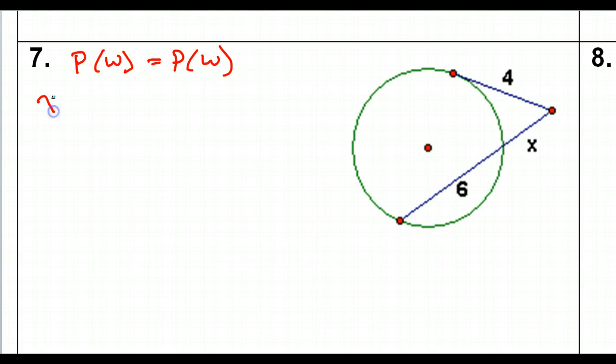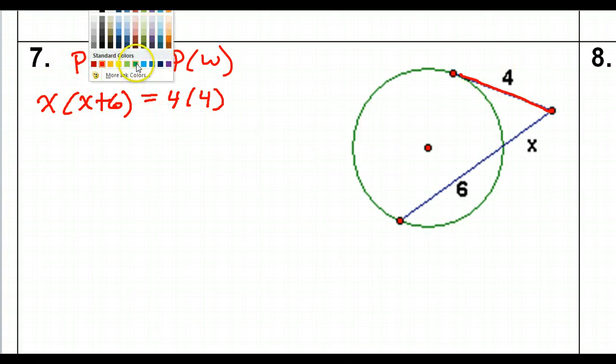So this will be x times x plus 6. Okay, part times whole. Now again, this 4, because it is a tangent segment, it's the part, the outer part, but it's also everything there is, so it's the whole. So you have to write it twice. Alright, part times whole, 4 times 4. It's the part and the whole.